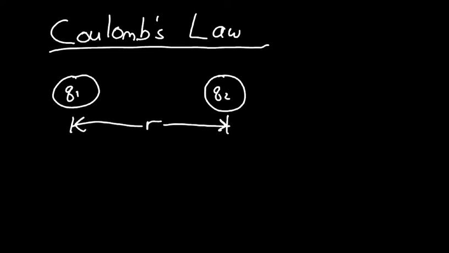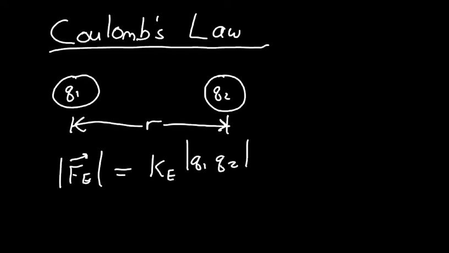So it's the product of the two charges here divided by the square of the radius between them. We write this in an equation called Coulomb's law, which is expressed on your equation sheets like this. The magnitude of the electric force is equal to Ke, which is called the Coulomb's law constant, times Q1, Q2, and that's an absolute value here, divided by r squared.